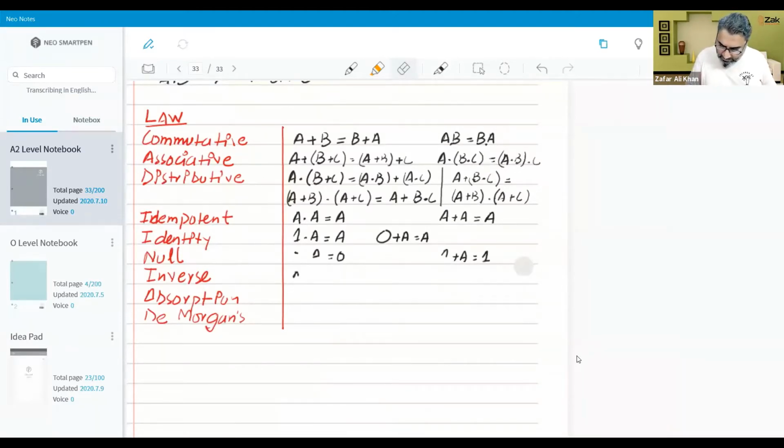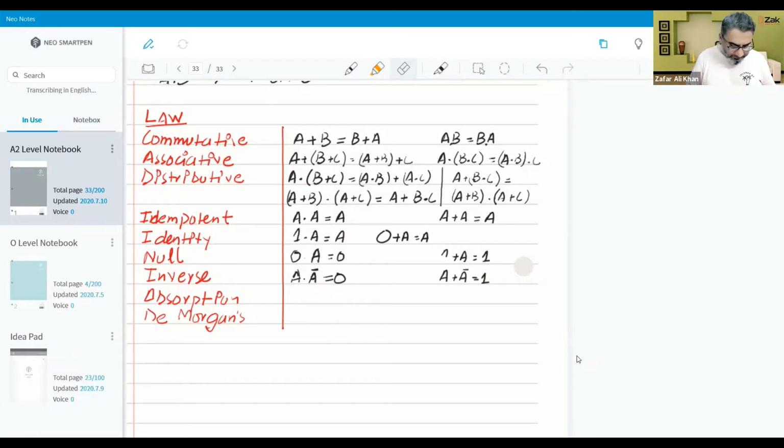A into A naught is equal to 0, and similarly A plus A naught is equal to 1. And then we have absorption law.